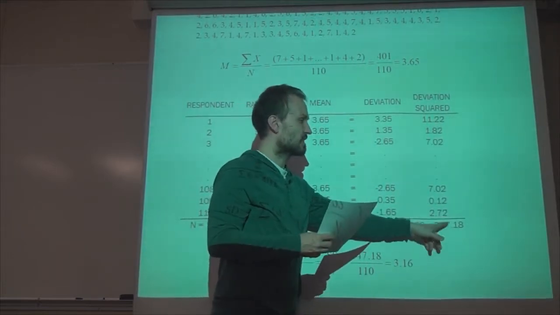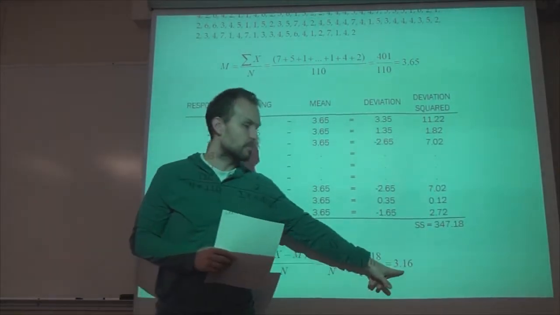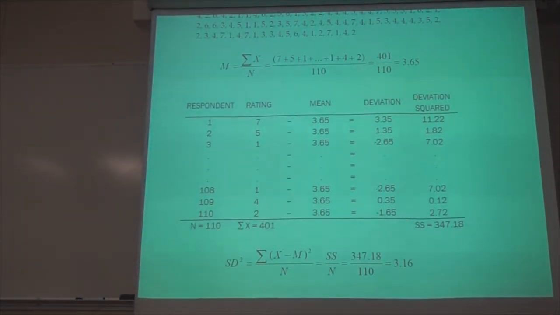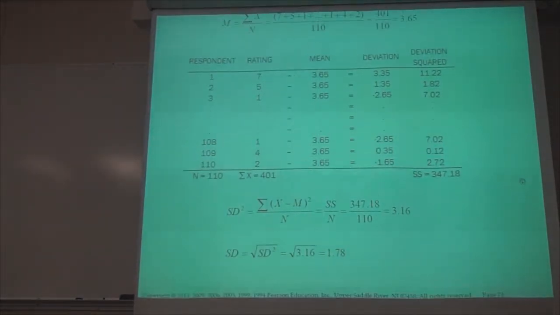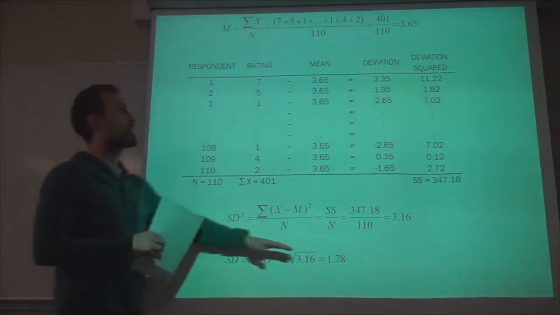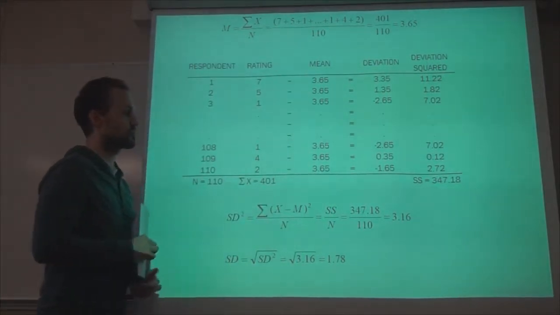It's hard to understand what this number means because I squared everything. It's a little weird. So I just take the square root of that to get it back to a number that I can compare with my actual score values.